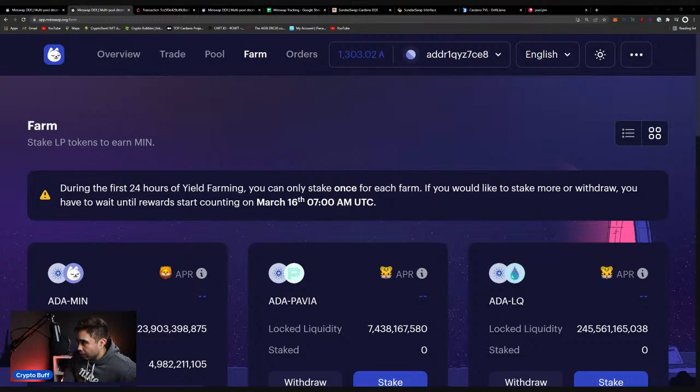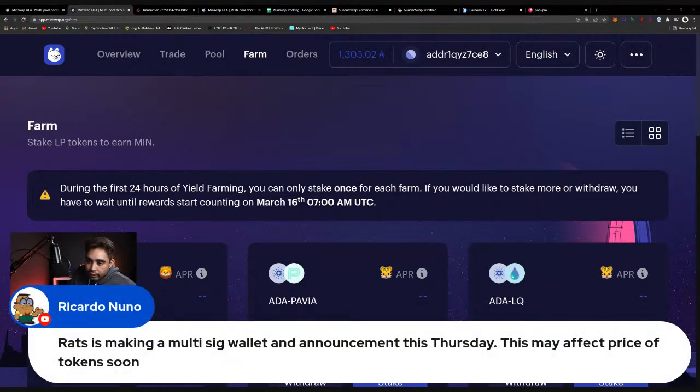So in terms of the rat DAO, I didn't mean to skip over this question. I don't know much to talk about with the rat DAO. I don't really look much into it, so I can't really have an opinion other than me degenning, aping into just the low cap coins on ADA on Minswap.